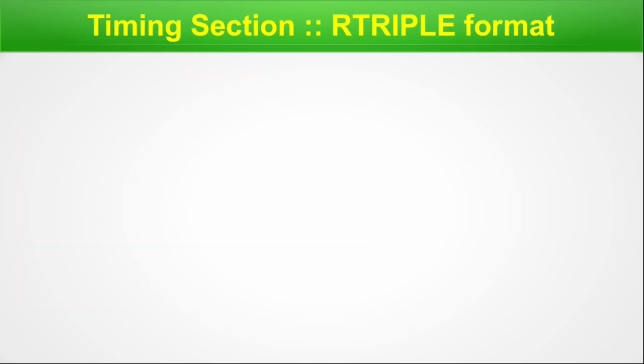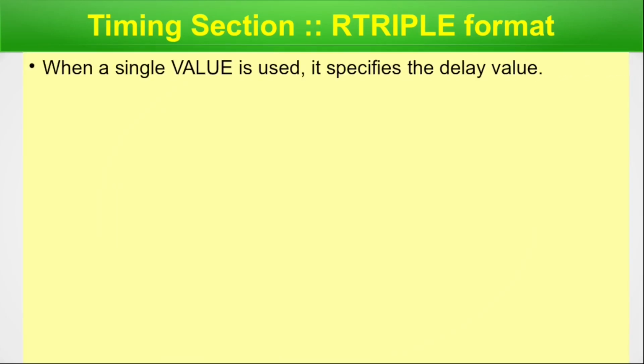RTRIPLE format, let us discuss. We have just seen the examples where there were numerical values separated by colon and packed together using a pair of parentheses. Now let us see how the interpretation comes for these. When a single value is used, it specifies the delay value.